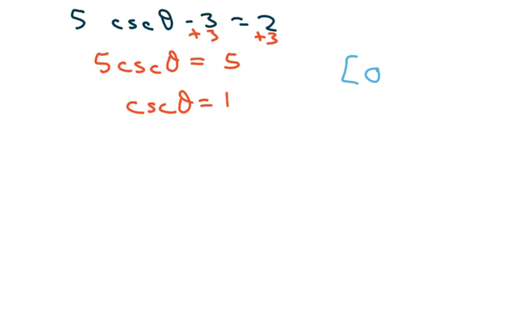We're going from 0 to 2 pi, but if I write a general formula for cosecant, the period is 2 pi for cosecant, and so I know my answer is pi over 2 plus 2k pi, where k is an integer.